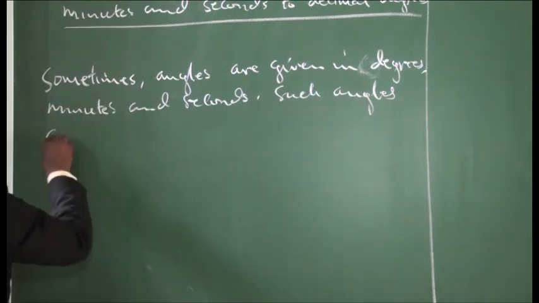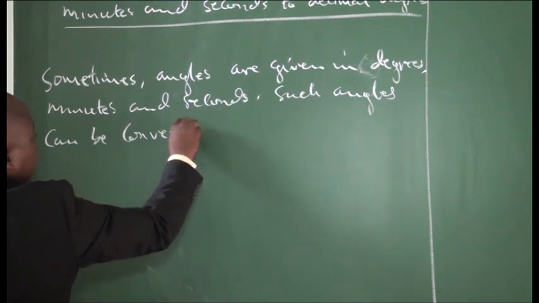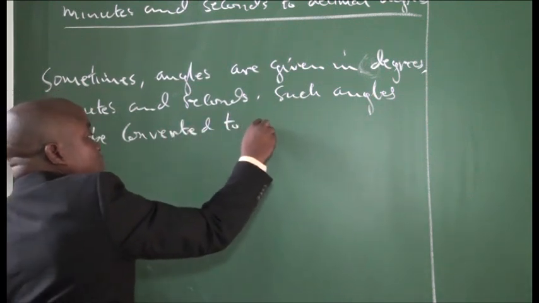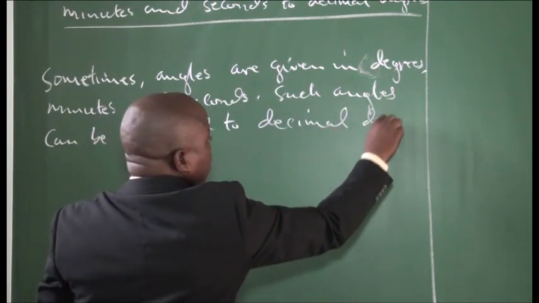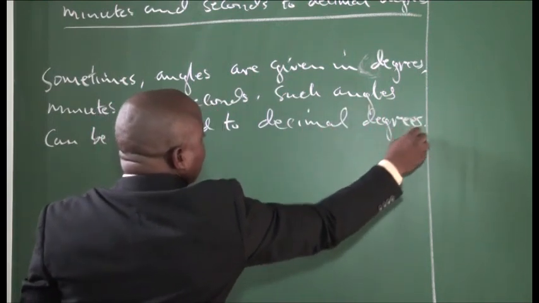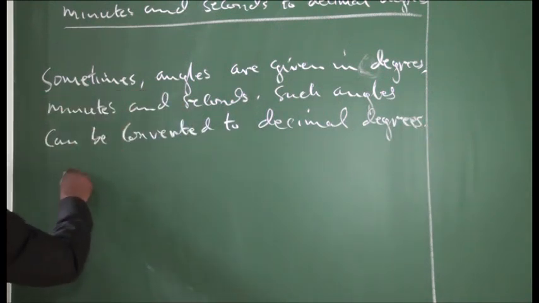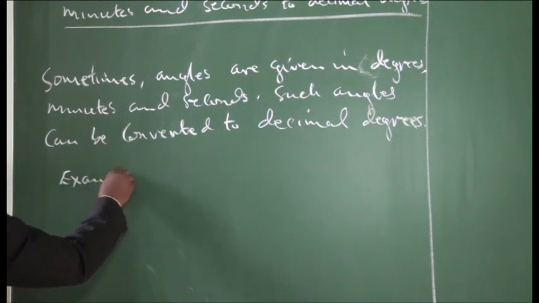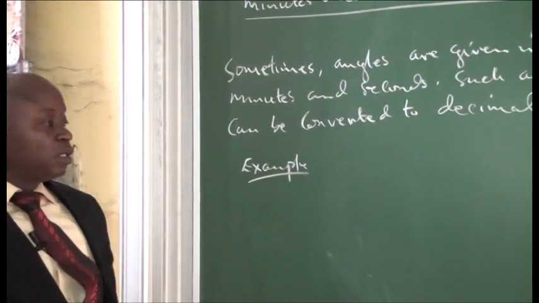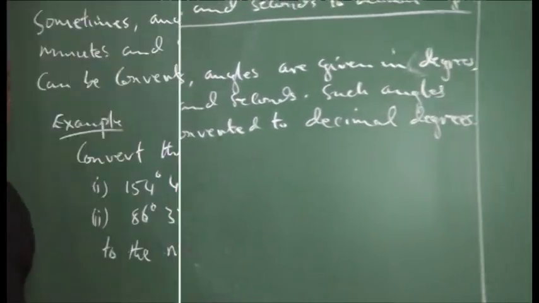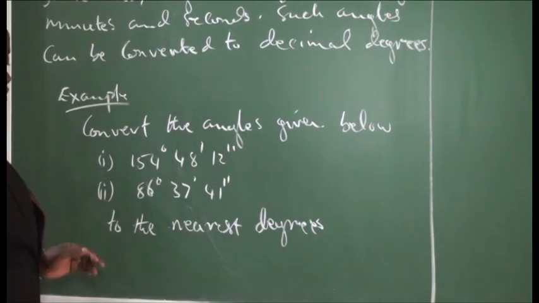Such angles can be converted to decimal degrees. Let's look at an example of such conversion. Example: convert the angles given below.